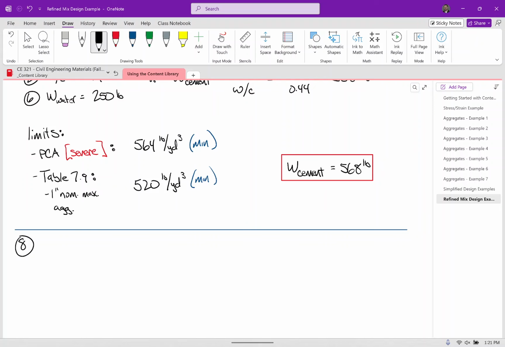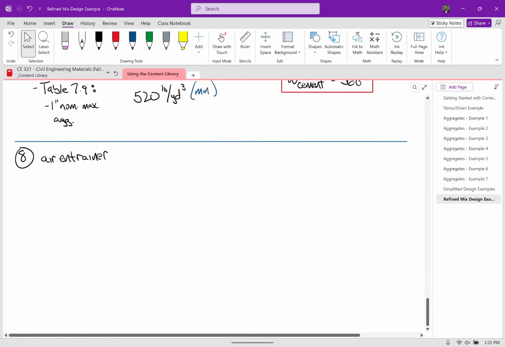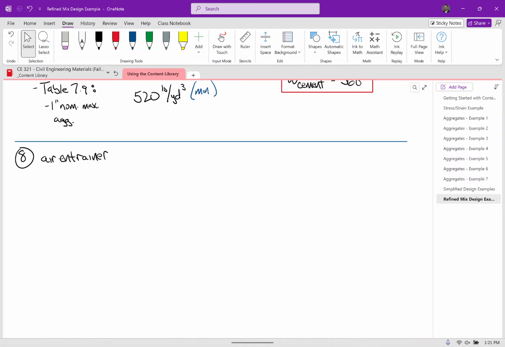So what volume component are we missing? We've got the gravel, the cement, the water, the air. We haven't talked about that yet, so let's do the air. What step was it that we got the percent air?